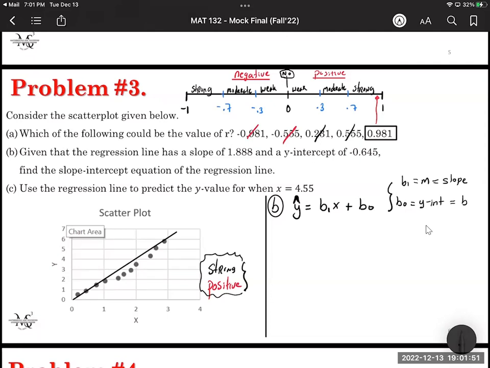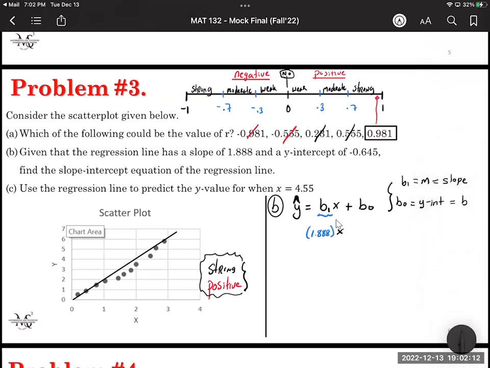Okay, so in this problem, did it give us the slope? Yes. Did it give us the y-intercept? Yes, it did. So you just got to plug them in. For b1, we got 1.888.